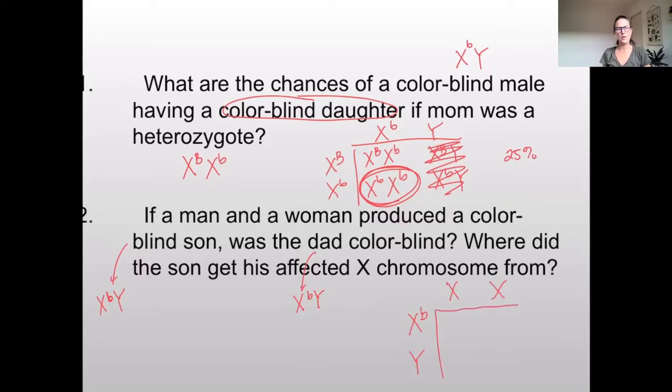Anytime we're dealing with a male, the Y chromosome comes from dad. So this son got the Y from dad, and the X with the little b had to have come from mom. So mom was either homozygous recessive or heterozygous.